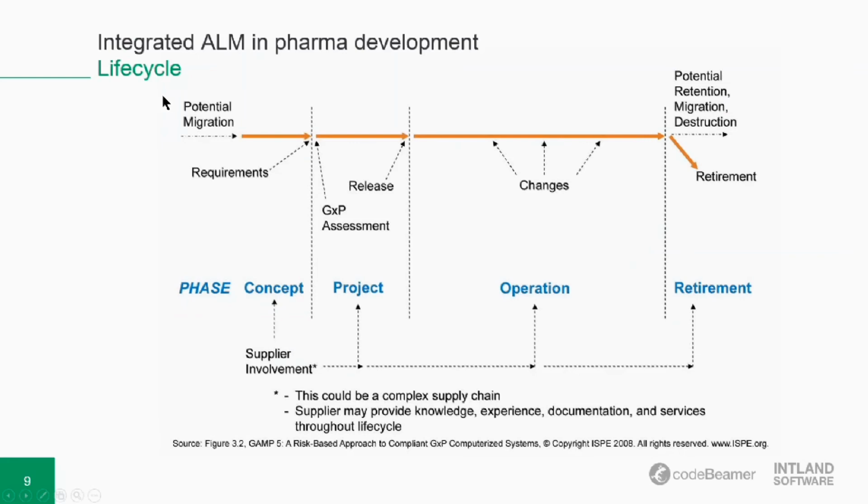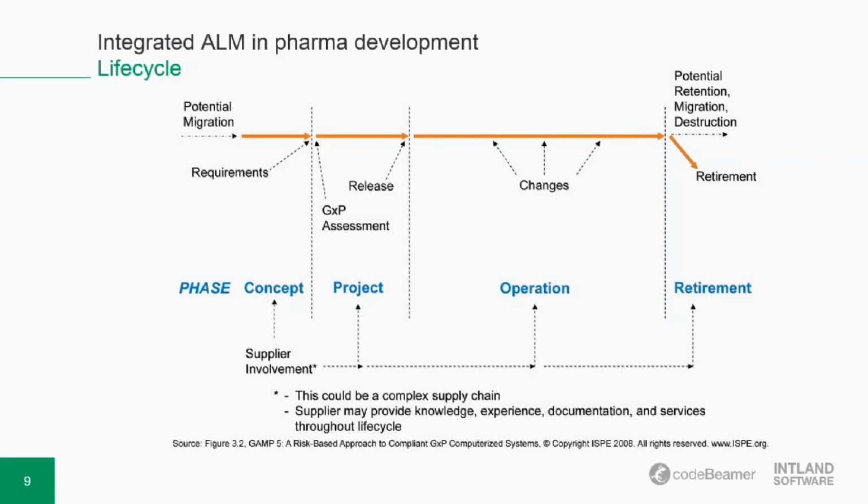So let's have a look at the complete life cycle. One of the most important reasons we have selected Codebeamer for this purpose is that it's an integrated product which is able to cover the full life cycle. That is the concept phase, the project phase, the operation and retirement phase of a computer-based system.